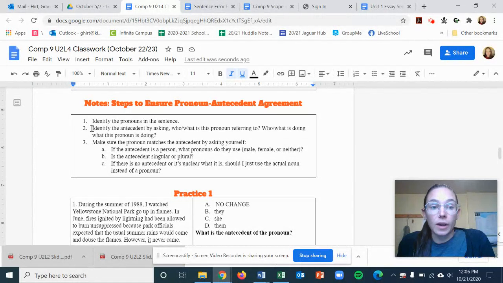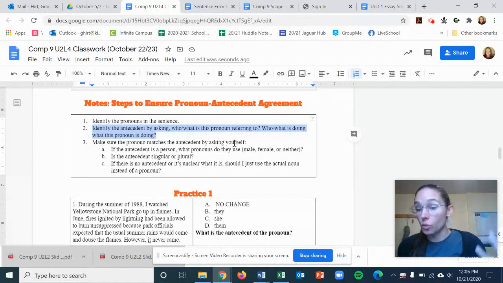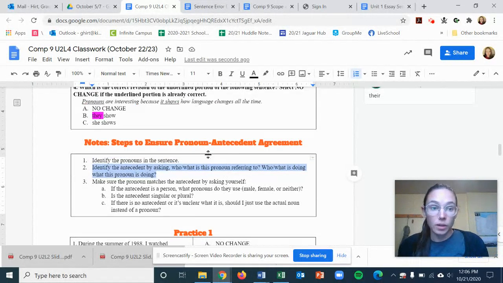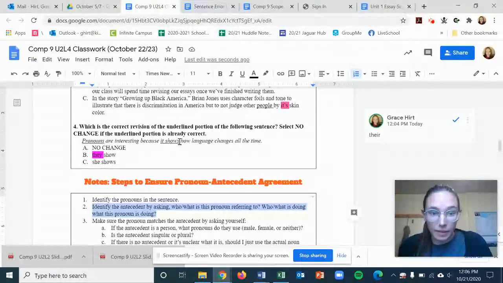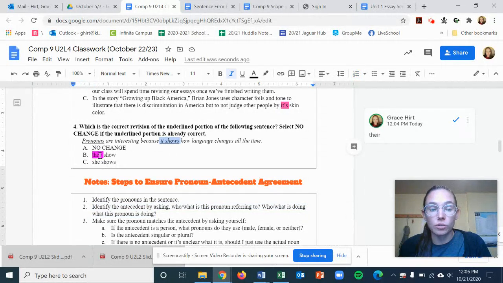Then you identify the antecedent by asking who or what is this pronoun referring to, right? Who or what is this pronoun replacing? Who or what is doing what the pronoun is doing? In the example up here, we know the antecedent is pronouns because they are the ones doing the showing, right?